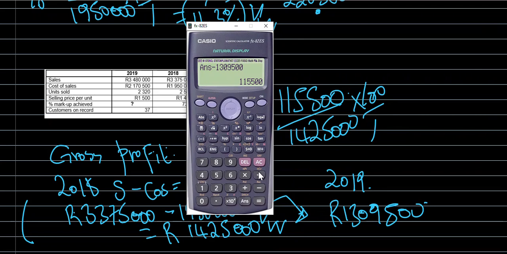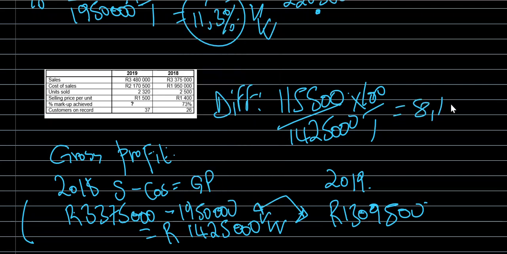Then times this percentage by 100, you're going to get 8.1%. So this is the percentage decrease from last year. I think you got it. Then you are done with these two figures. Let's go to other figures again.